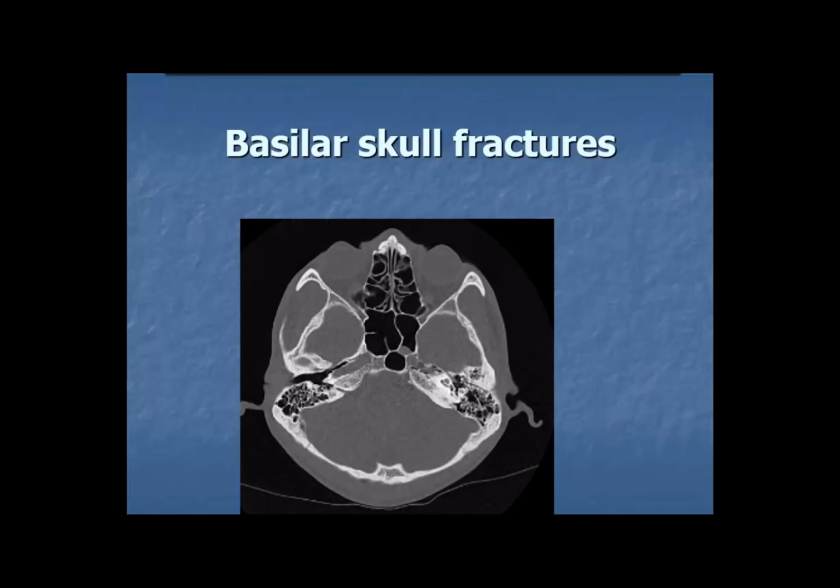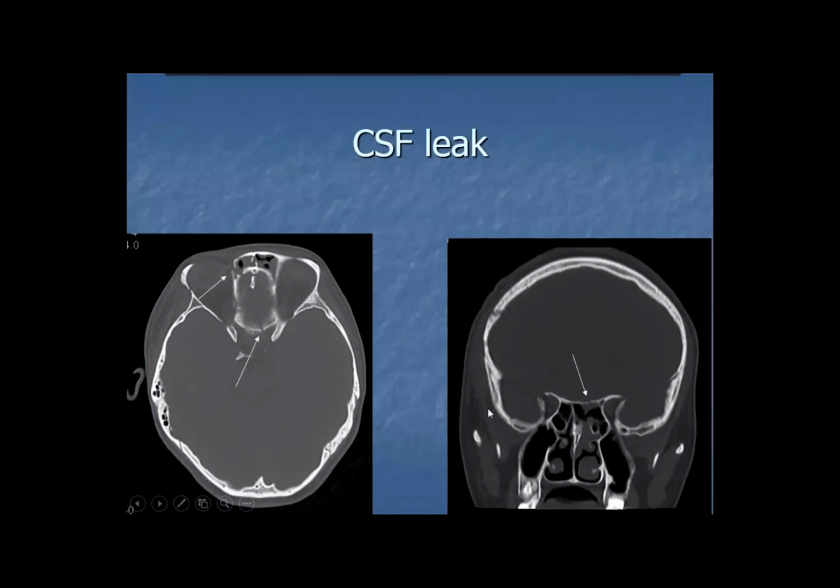This is a basilar skull fracture. We can find the fracture line. In this CT image, we can find the basilar fracture and the CSF leak. The CSF leaks from the fracture into the sinus.